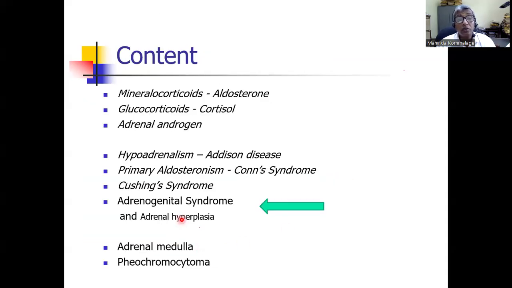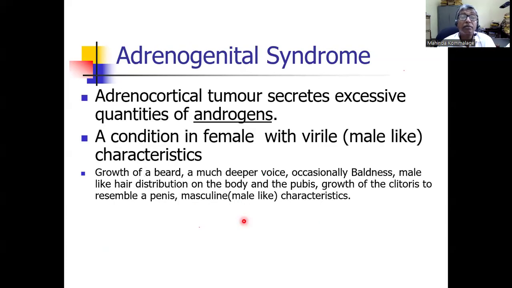Right. So now conditions or abnormalities related to adrenogenital syndrome. It is adrenal androgen excess secretion, right? As I mentioned earlier, if there are tumors in the adrenal cortex that produce more androgen, we get increased androgen and male-like features.